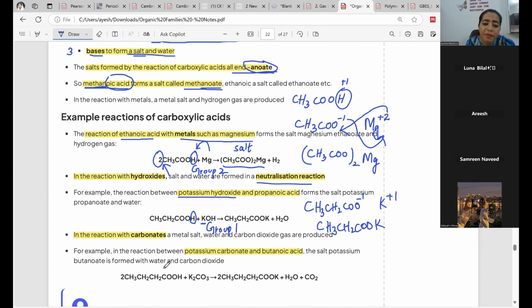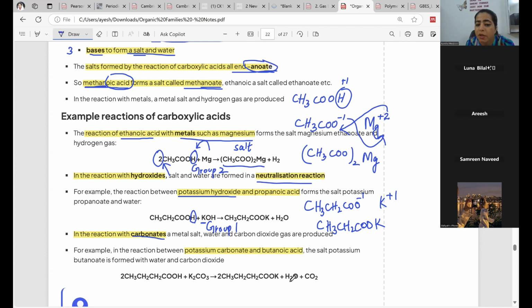This carboxylic acid can also react with carbonates. When they react with carbonates, we know it is going to produce three products: salt, water, and carbon dioxide. Again, for the salt formula, just replace this hydrogen with whatever metal you have and then balance the equation on both sides. If it is a group 1 metal, nothing will go in the bracket, it will be only one thing with the metal.